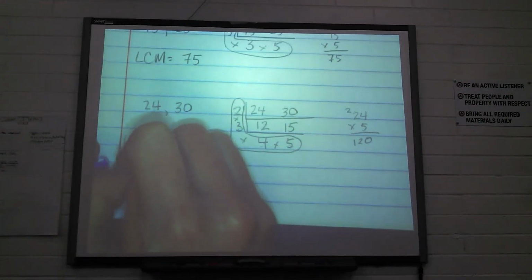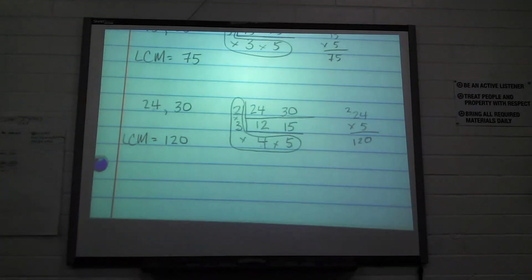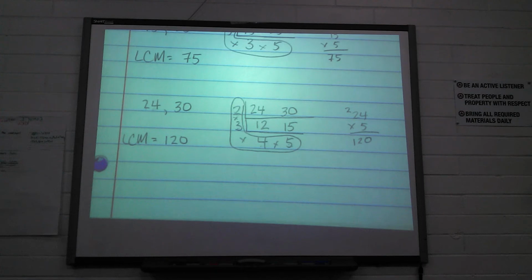Ooh, that's a big number. 120. 120 is the smallest multiple that 24 and 30 share. So 24 and 30 can both be multiplied by a number that will give them 120 as the answer.